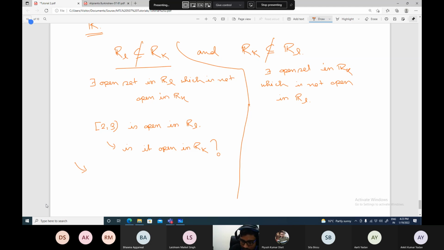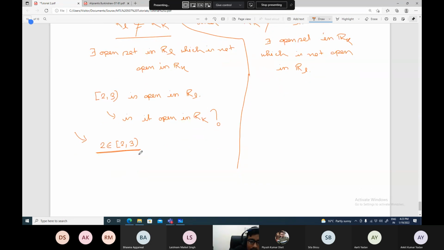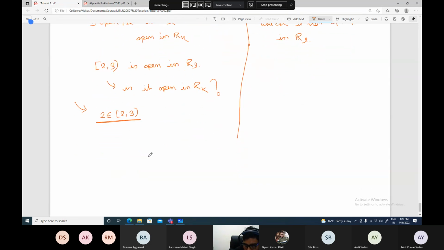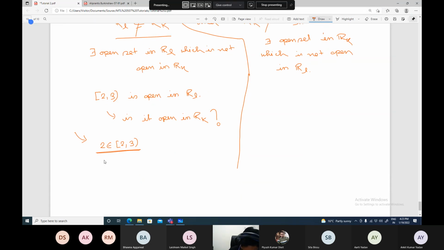Why is it not open? If you take the point 2, and consider the neighborhood 2 minus epsilon comma 2 plus epsilon, this kind of neighborhood of 2 in RK, right?